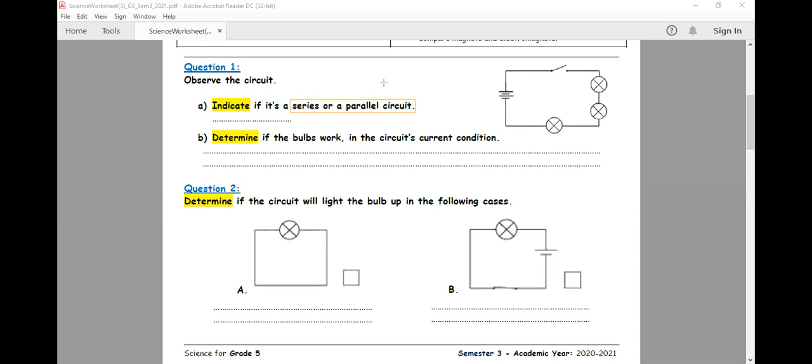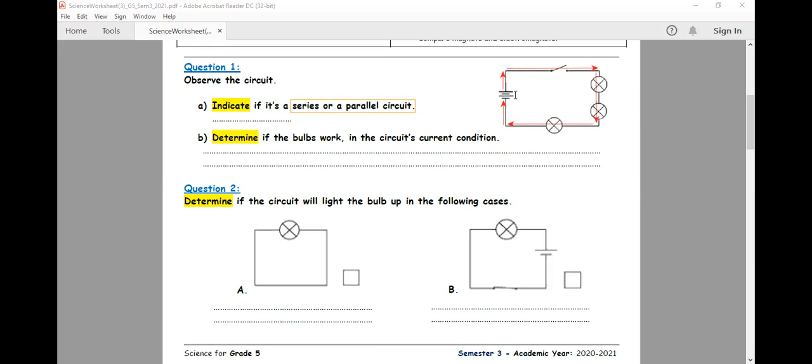How many pathways are there for the current to flow through? Look, here is the electric current leaving the battery, passing through the wires, through the first light bulb, second light bulb, then through the third light bulb, and back to the battery. How many pathways are there for the electrons to pass through?